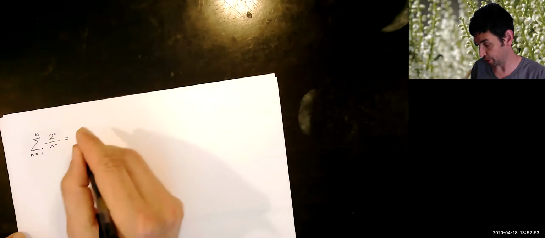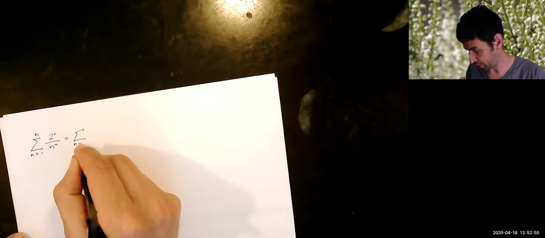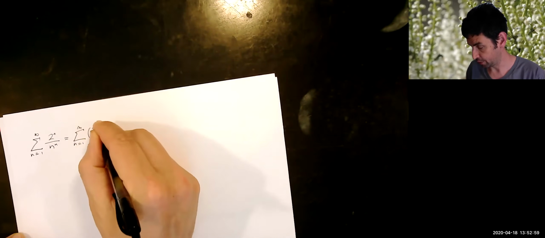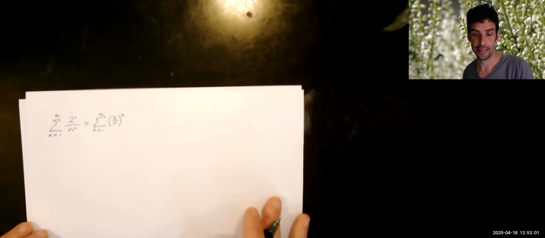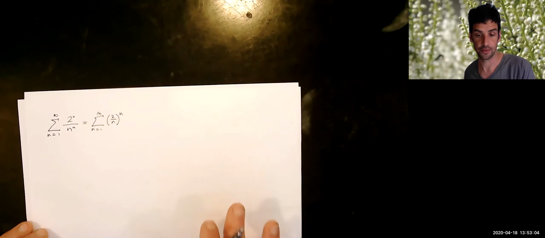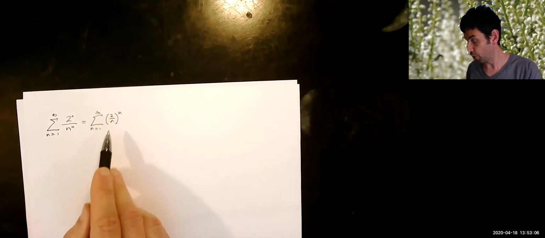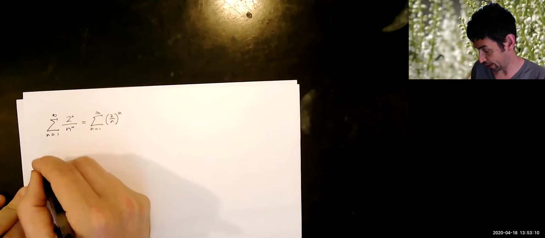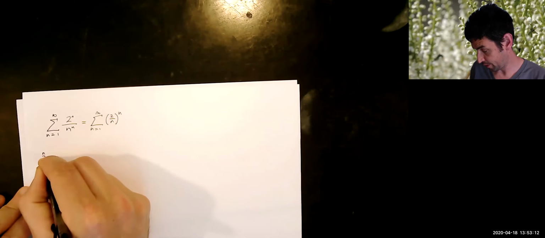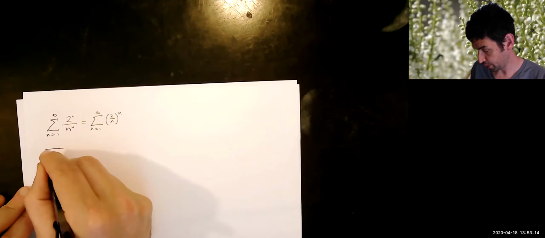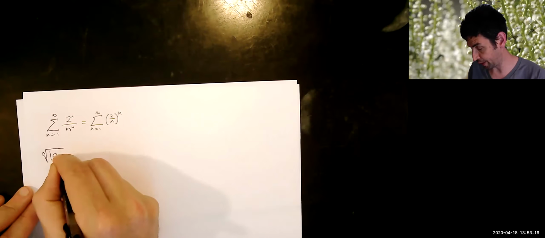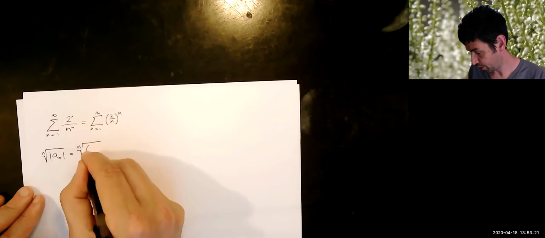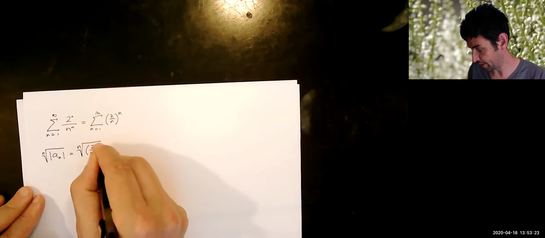So let's just do a little bit of work here just to make it even clearer using my rules of exponents. This is 2 over n to the n. Okay? So if we use the root test here, we can say the nth root of the absolute value of a sub n is equal to the nth root of 2 over n to the n.